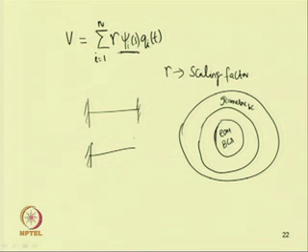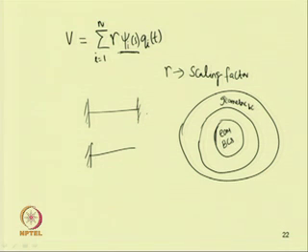In case of the cantilever beam, if one takes the admissible function, one has to take a function which satisfies only the geometric boundary condition, that is, the displacement and slope at x equal to 0 are 0.